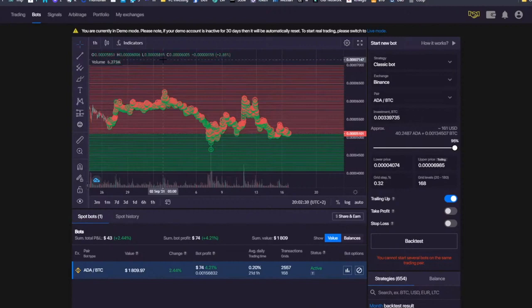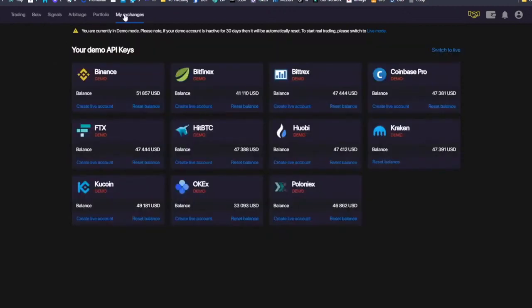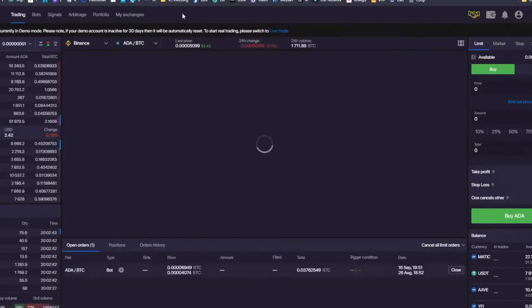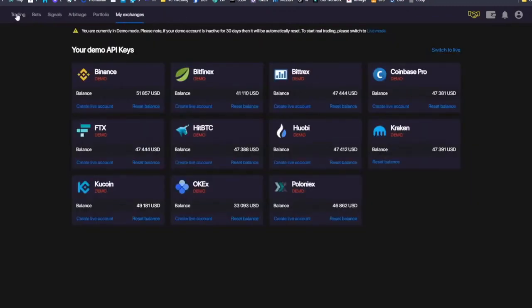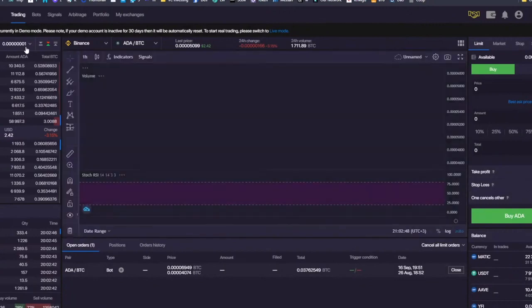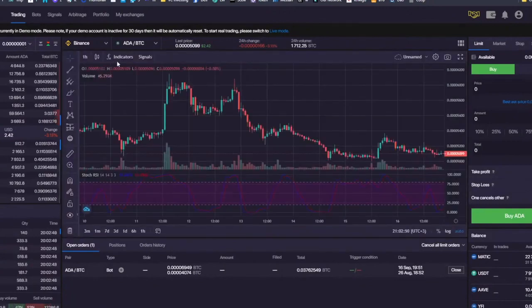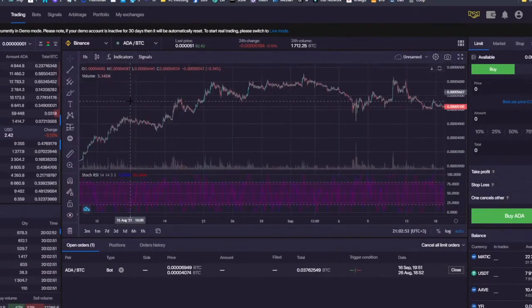It may be that the fee structure is different, but I'm not sure about that, because I don't have this urge to trade on Binance US. I'm not a US citizen, so I cannot trade on Binance US. That's why I don't know much about it, but I think it's pretty much the same.